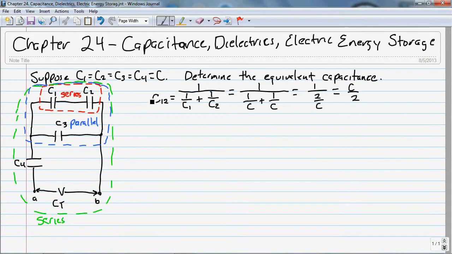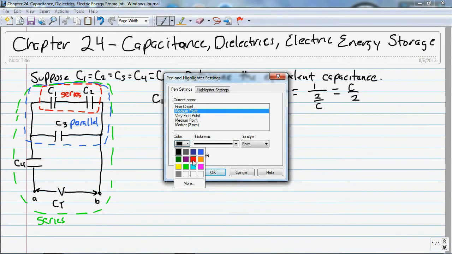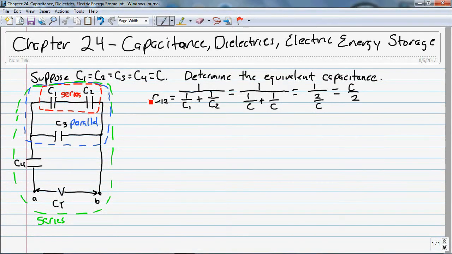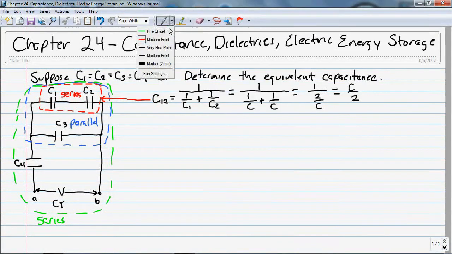So this is the value of this series combination of C1 and C2. Now, let's do C, and we'll call it C123.